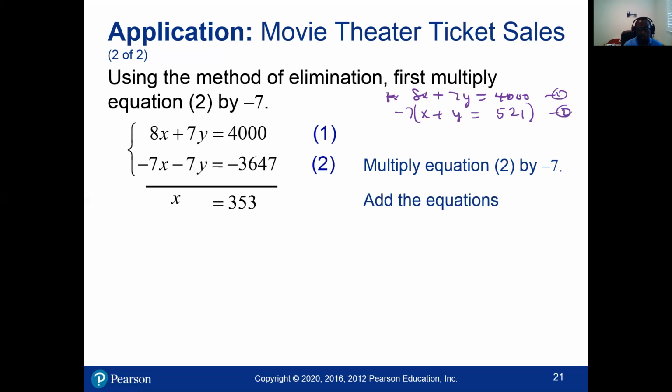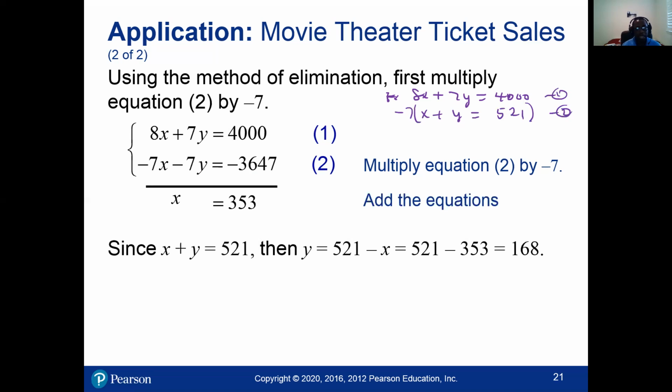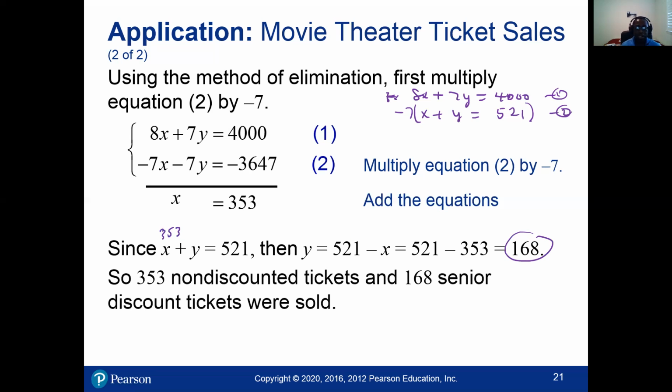353. But we know that x plus y is equal to 521. So if I substitute x, which is 353, and solve for y, I get y is equal to 168. So how many non-discounted tickets were sold? 353.